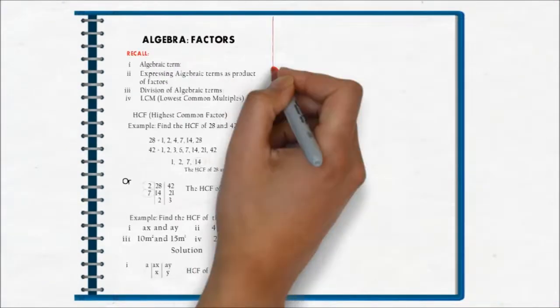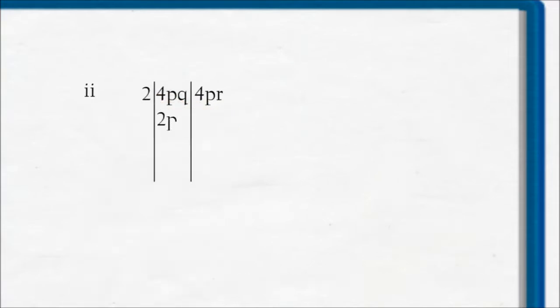Alright, so in number 2, we have 4PQ, place it alongside 4PR. Now, 2 will go into 4PQ, and we're left with 2PQ. 2 will go into 4PR, and we're left with 2PR. Using 2 again, 2 will go into 2PQ, we're left with PQ. 2 will go into 2PR, we're left with PR.